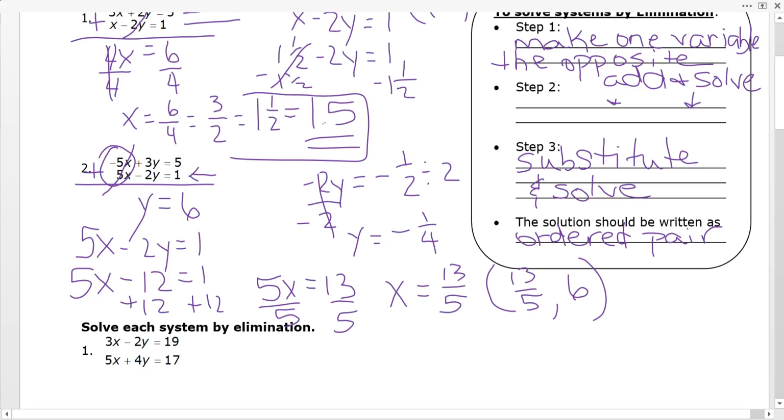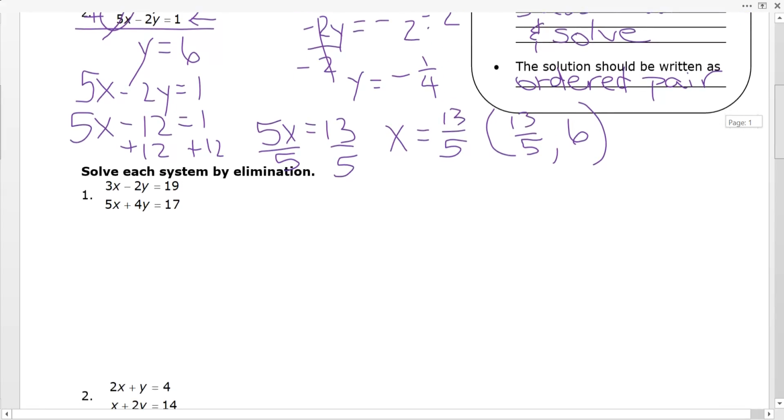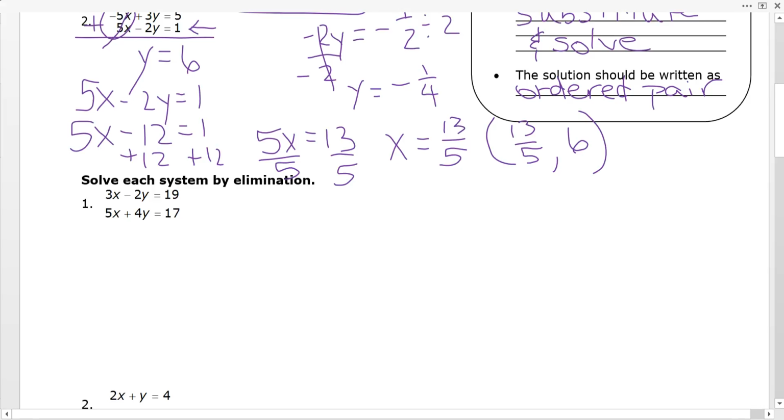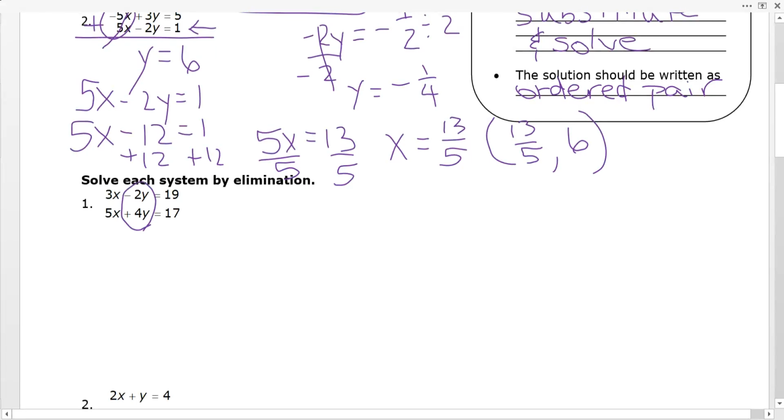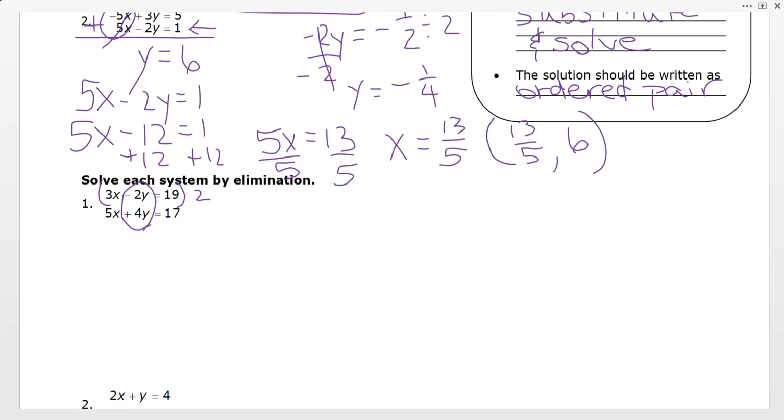Now look what happens when you get down to number 1. You're like, oh no, wait a minute. There's not an x or y that looks like they're the opposite. So this is where we're going to change our first equation, because I'm looking at minus 2y plus 4y, and I'm thinking, hey, I can multiply my top equation times 2. 2 times 2y is going to give me 4y, and then I'll be able to use both equations.